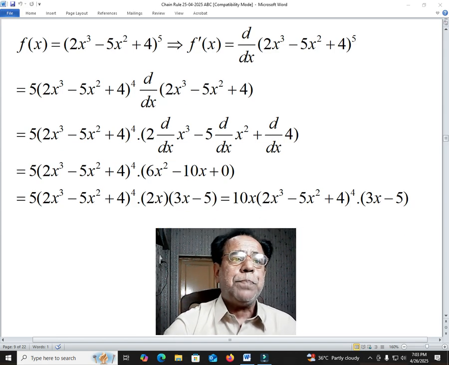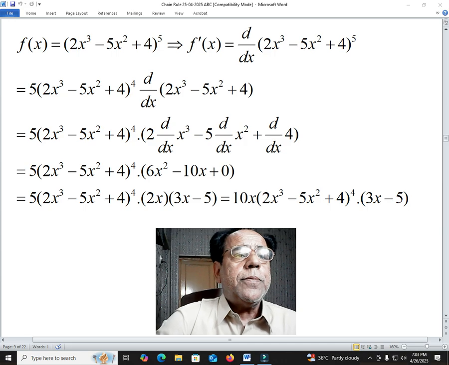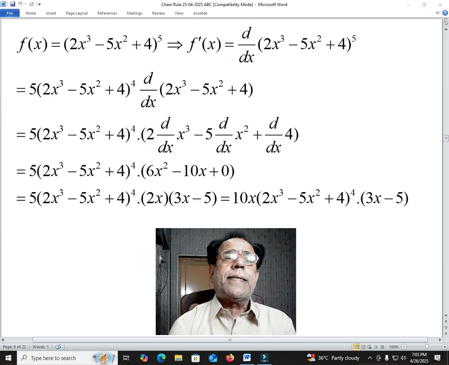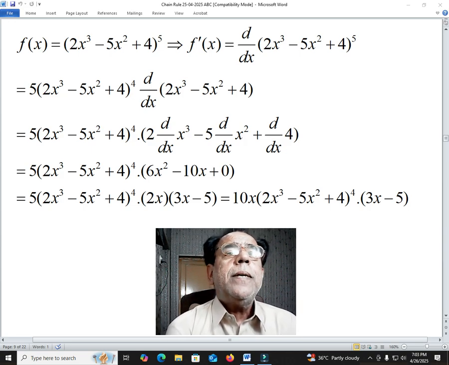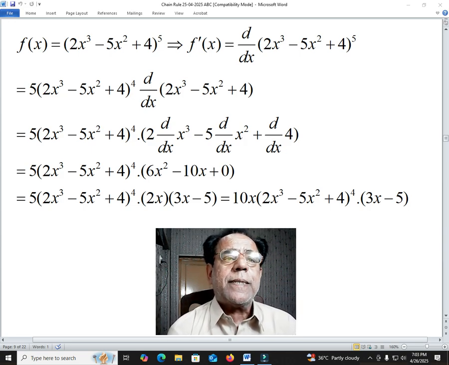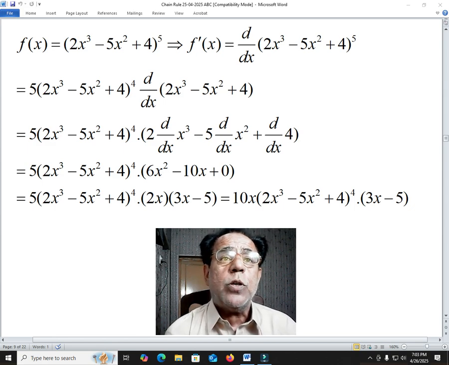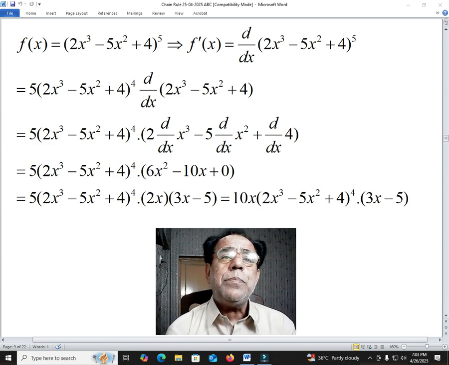In the next step, d over dx will distribute over 3 adding factors. Moreover, in the first term 2 is constant, in the second term 5 is constant, and the third term is completely constant.